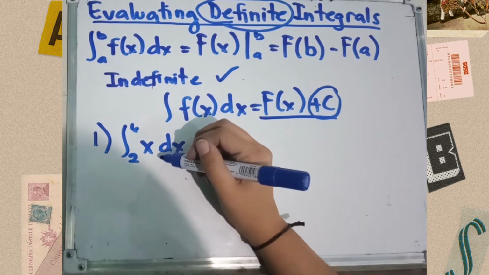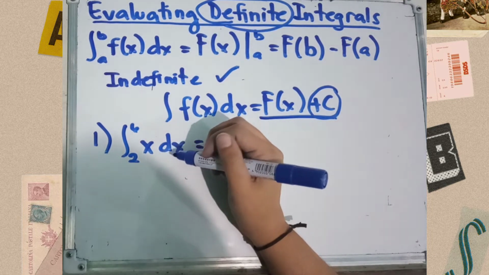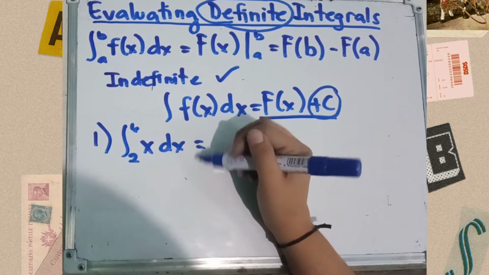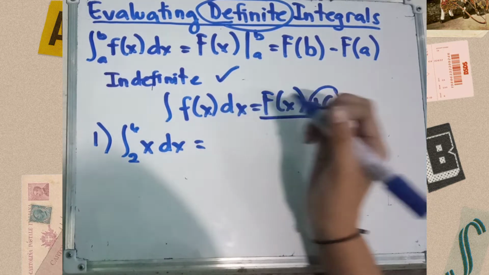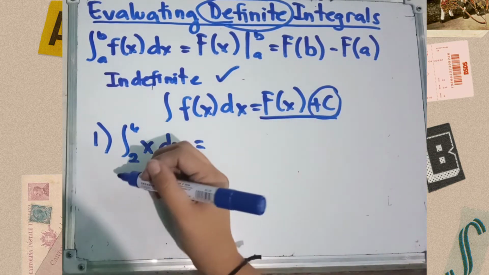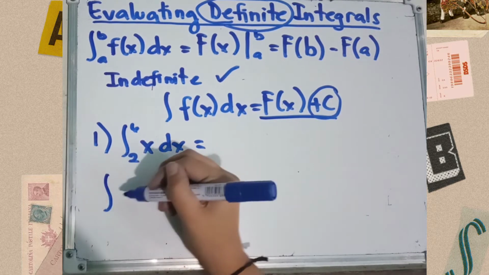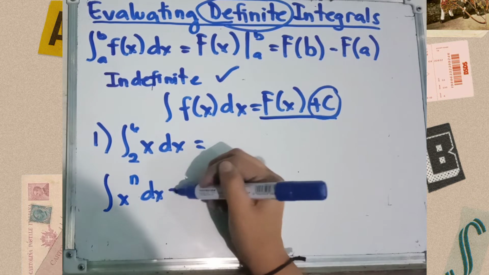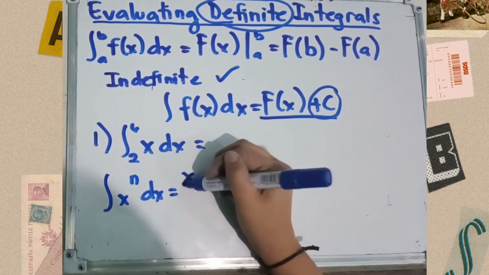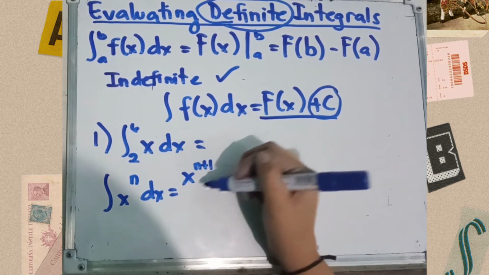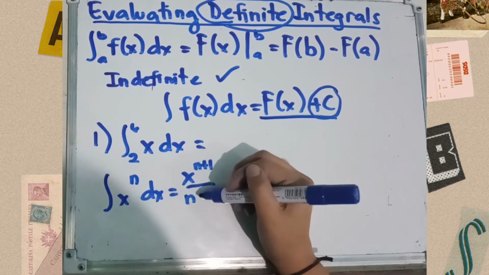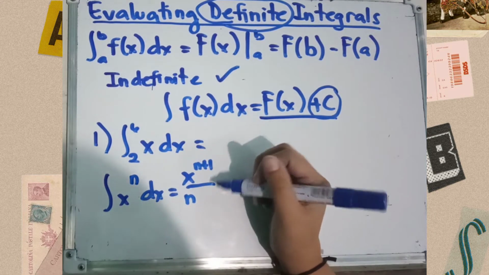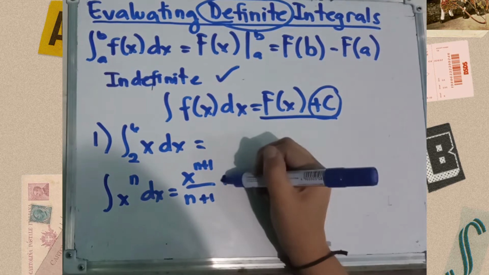For the integral of x dx, we can apply the power rule: the integral of x raised to n dx is equal to x to the power of n plus 1 over n plus 1, plus c.